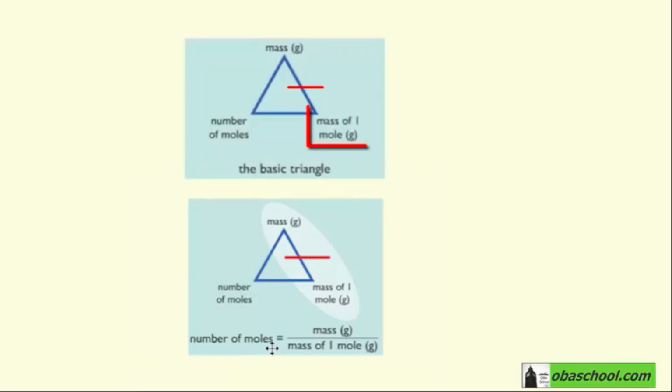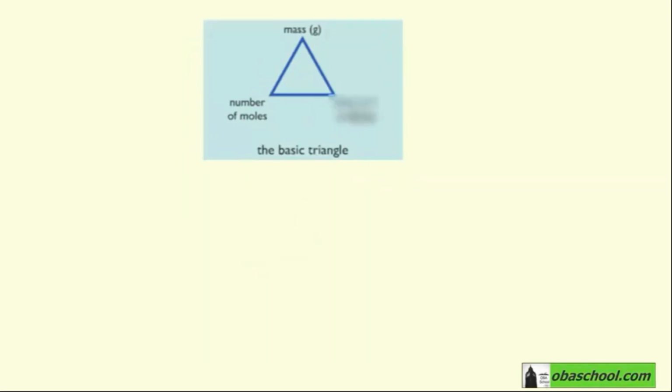Now, how to obtain the mass of 1 mole? Also, I draw the basic triangle and put the number of moles and mass in the right place. And now, I hide the mass of 1 mole. And I'm left with the mass and the number of moles.